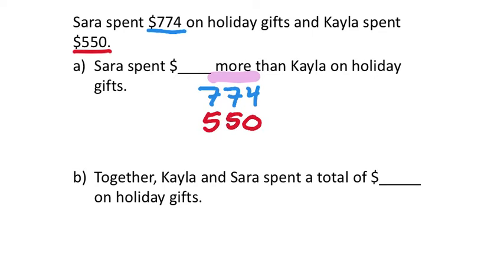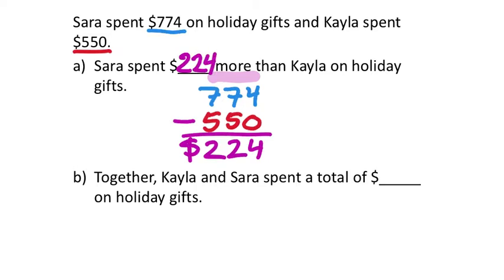And so that's why it's a subtraction problem, because this will tell us how much more 774 is than 550, or it's the difference. And we should remember that difference indicates subtraction right here. So I'm going to take 4 minus 0 is 4, 7 minus 5 is 2, and 7 minus 5 is 2. So that's $224. I'm just going to put that right into the empty space there.